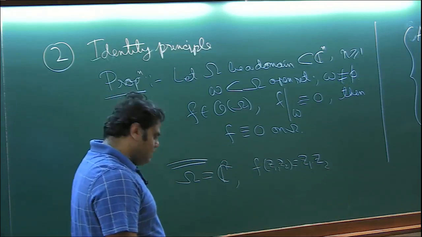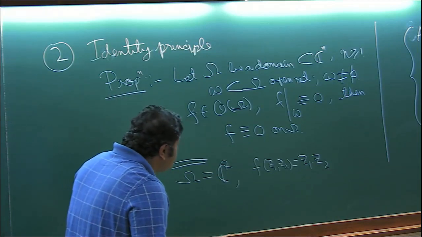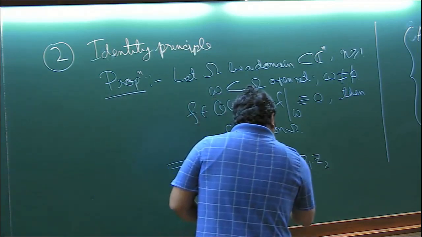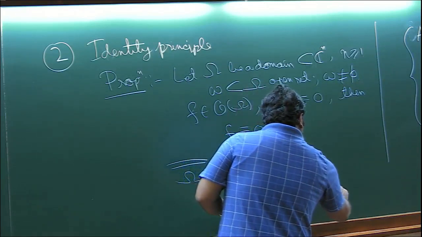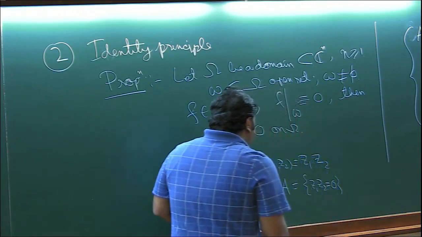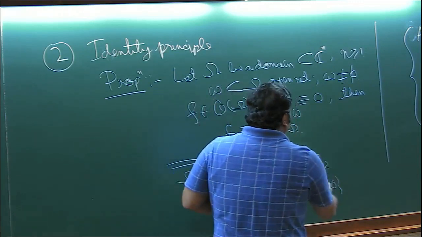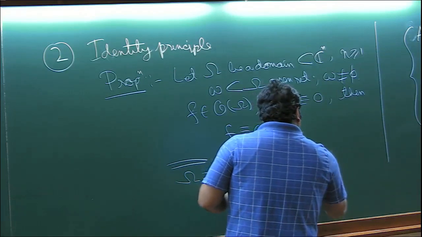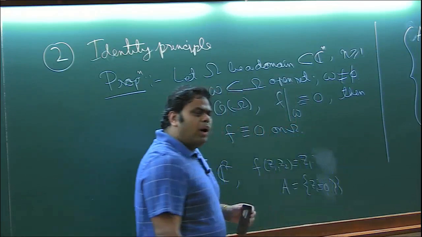But it doesn't contain the zero set. So what is A then? A is the whole zero set, right? But f is not identically 0. I don't see any harm in putting the Z2, I could just take one of these, right? Right. So why is this happening?